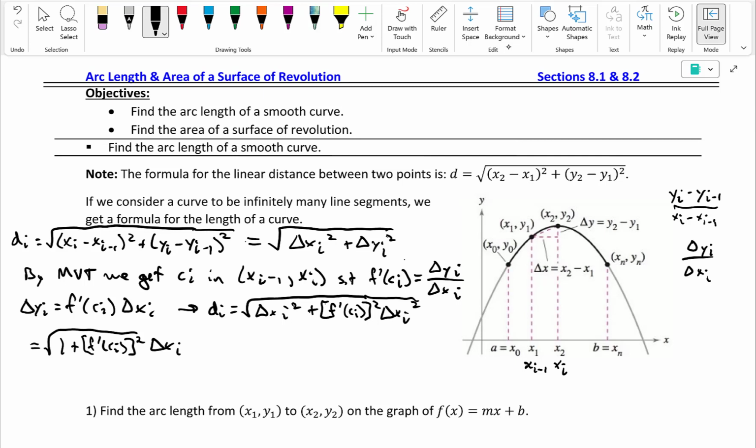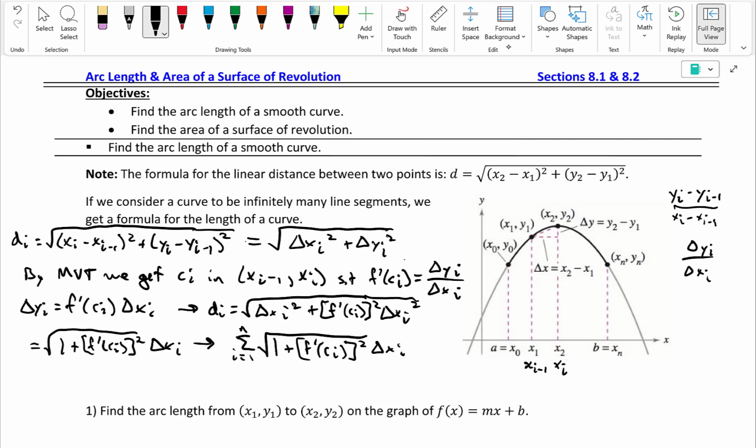All right, and again, for the sum of all these segments to give us the total length of the curve, we just want a summation. So we can say our summation from i equals 1 to n of all our little pieces, the square root of 1 plus f prime of some c sub i in there, quantity squared, times the delta x sub i, will give us the total length of the curve.